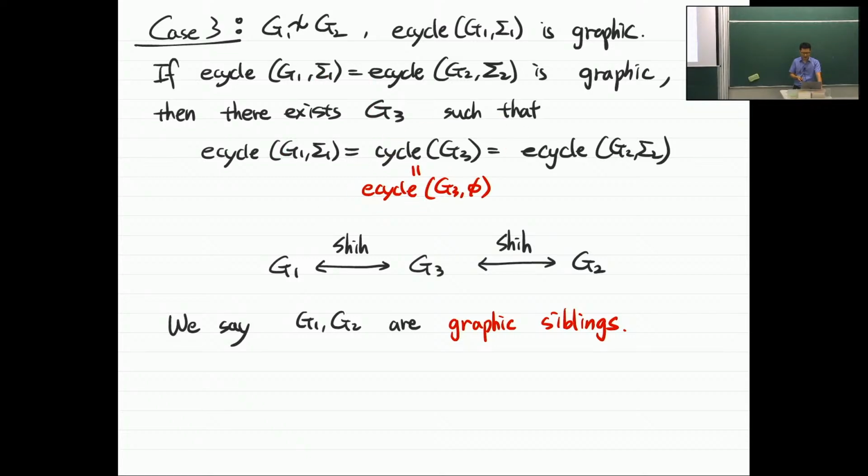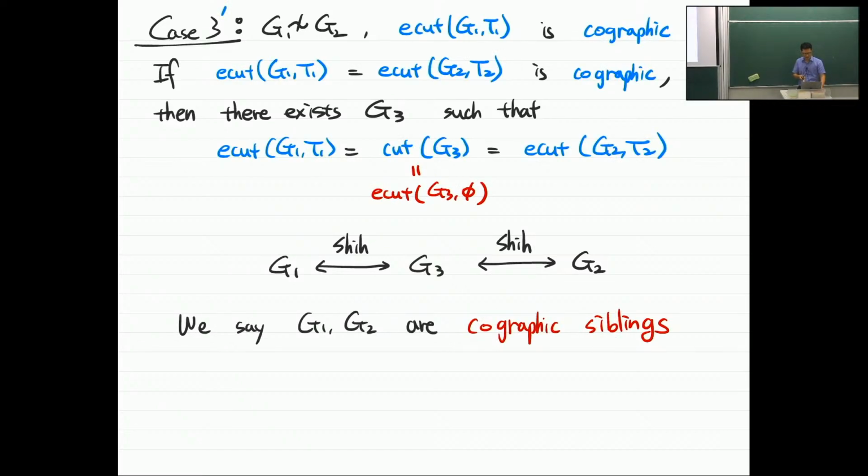Then we can apply the pairing theorem twice, for G1 and G3, and for G2 and G3. So we say that in this case, G1 and G2 are graphic siblings. And we can do the analogous operation for case 3 prime. I just change the even cycle to even cut, and we assume that this even cut matroid is cographic.